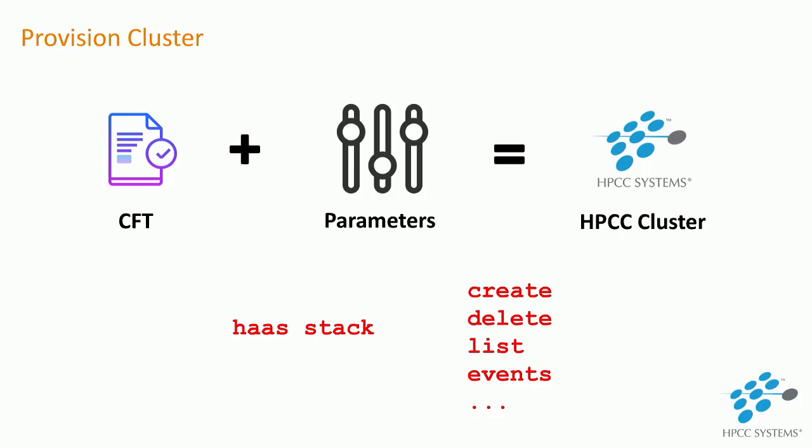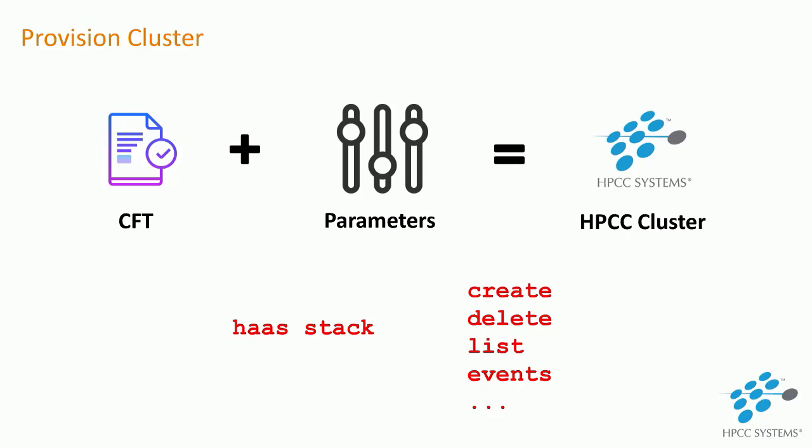So this is basically how you create a cluster, and you create the instance inside AWS, and AWS calls it a stack. So we call this the stack. So HaaS has a command line. The command is HaaS, and then you have a major command, in this case stack, which is to create the instance, the cluster, and then we have several commands that you can do off of that.